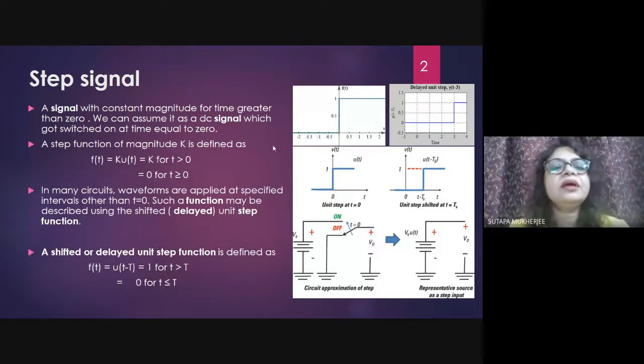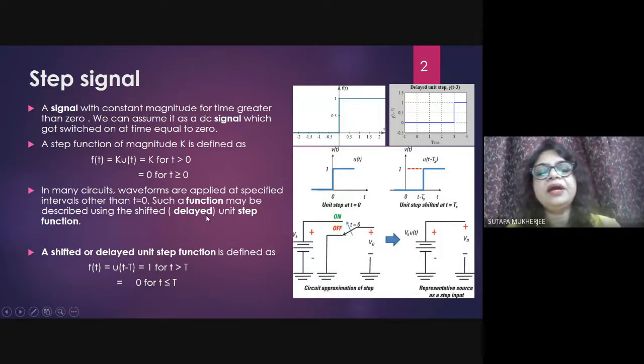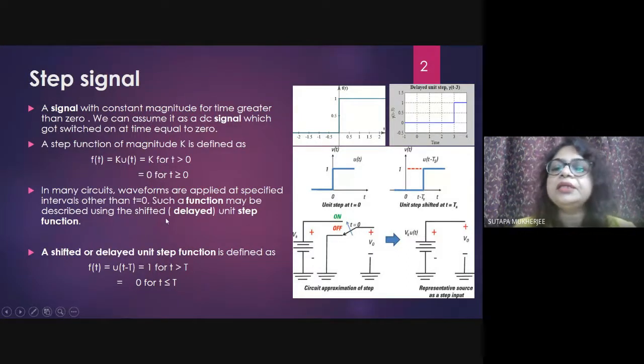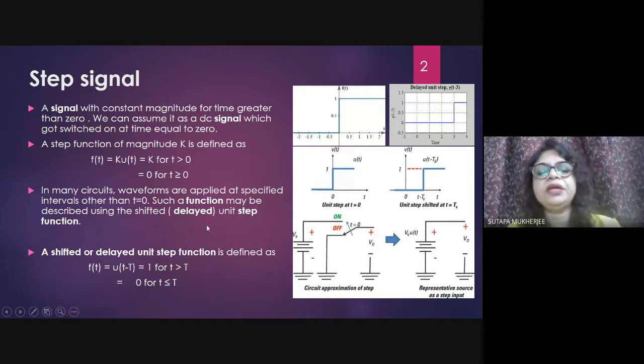So how can you get the step signal? The question is that in many circuits, waveforms are applied at specified intervals other than t equal to 0. Such a function may be described using the shifted or unit step function. Now the question is, what is a shifted or delayed step function? From this graph, it is obvious that the step function starts from the time t equal to 0. And what is the equation?